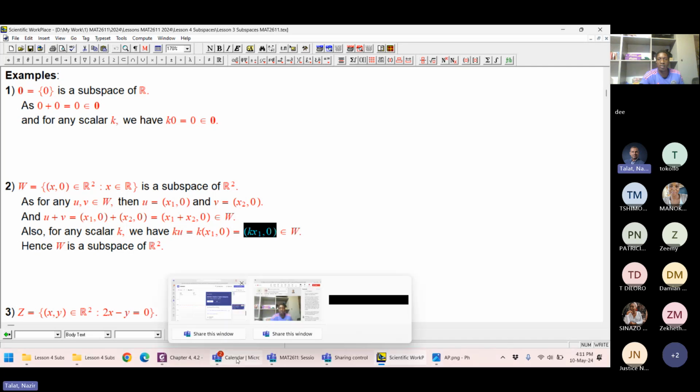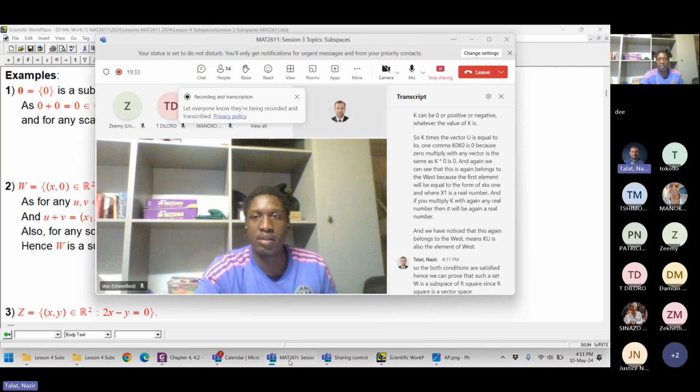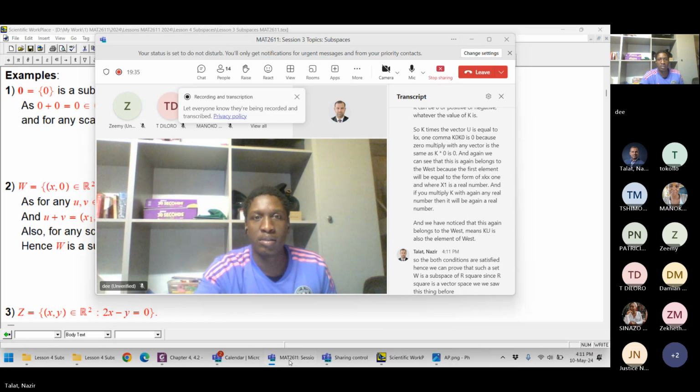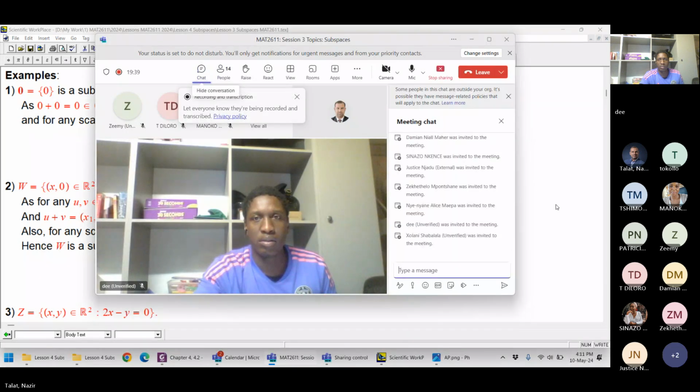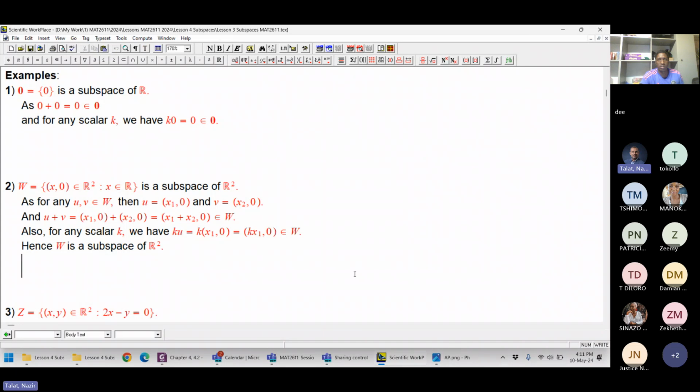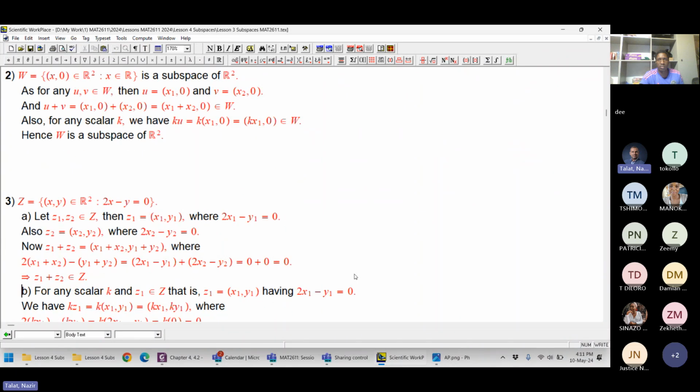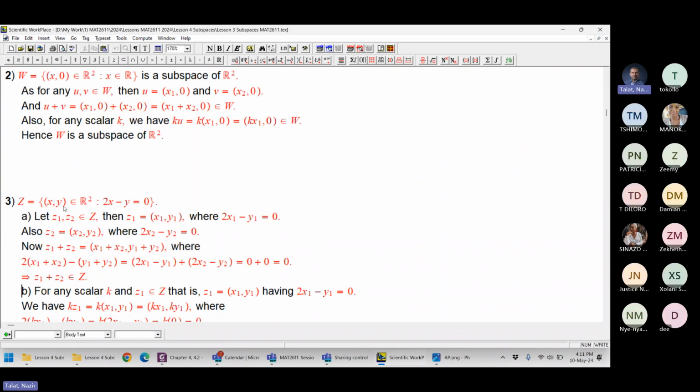Since R square is a vector space, we saw this before. Now the next example. Let us consider Z, a set of (x, y) belonging to R square that satisfies the condition 2x minus y is equal to 0. Let us check the first condition.